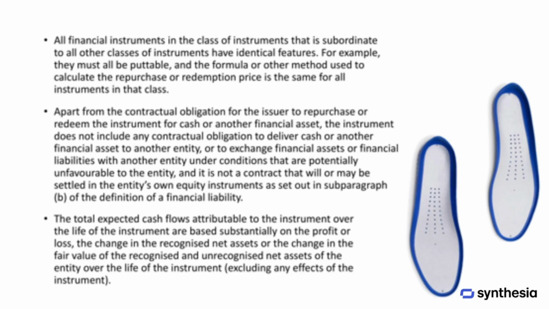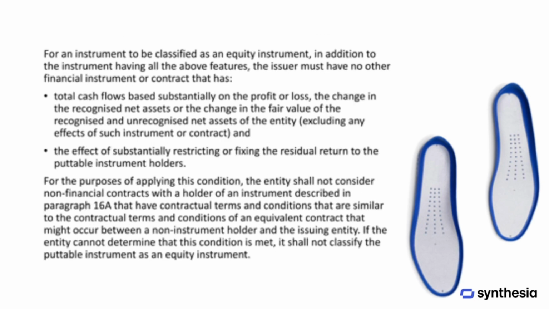They are also not settled in the entity's own equity instruments. The total expected cash flows from these instruments over their lifetime are primarily determined by the entity's profit or loss, the changes in recognized net assets, or the changes in the fair value of both recognized and unrecognized net assets, excluding the effects of the instruments themselves.